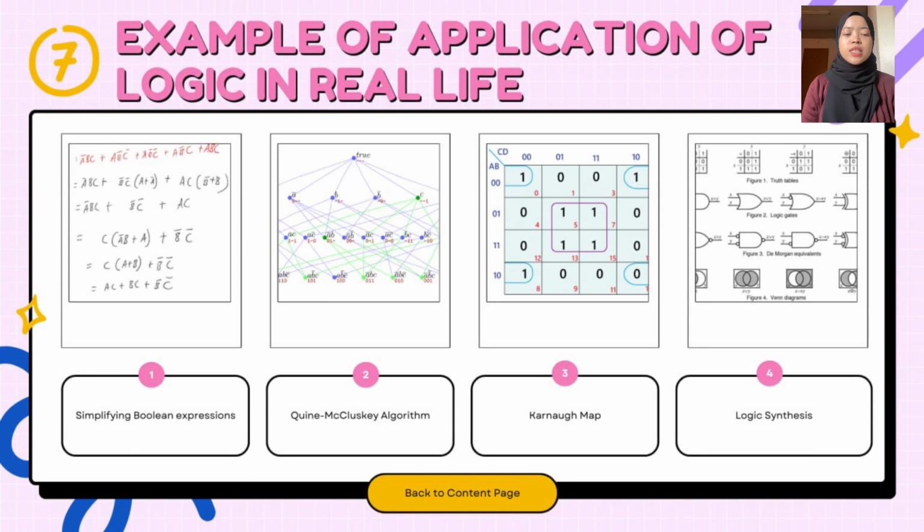Logic synthesis is the process of converting a high-level description of a digital circuit, such as a Boolean expression or a state machine, into a lower-level representation, such as a gate-level netlist. Logic synthesis tools use a variety of techniques, including Boolean manipulation and optimization, to simplify and optimize the circuit for a particular technology or application.